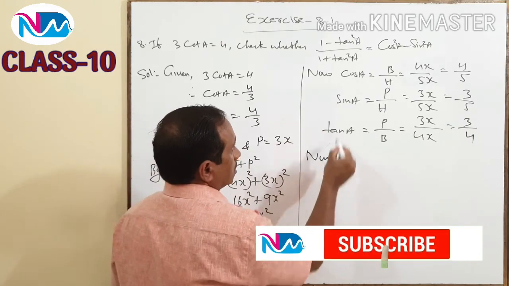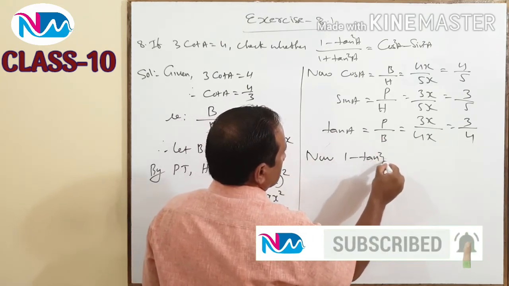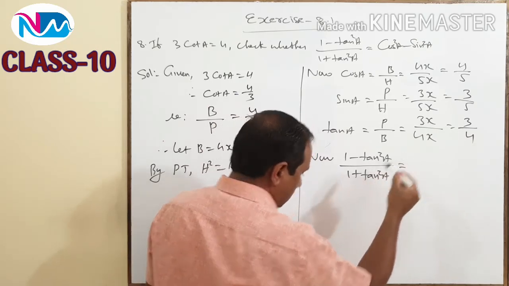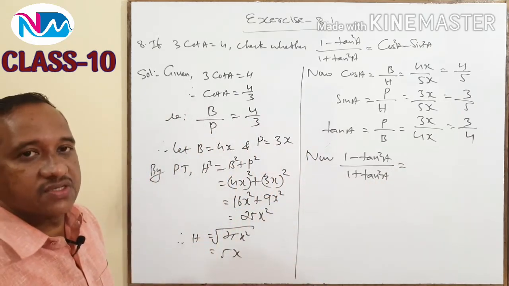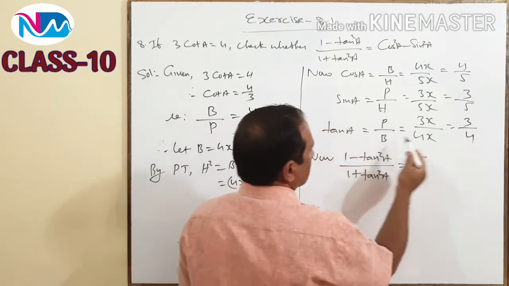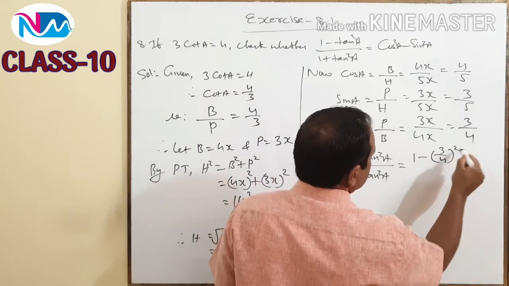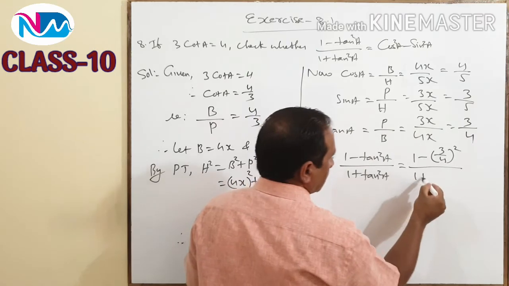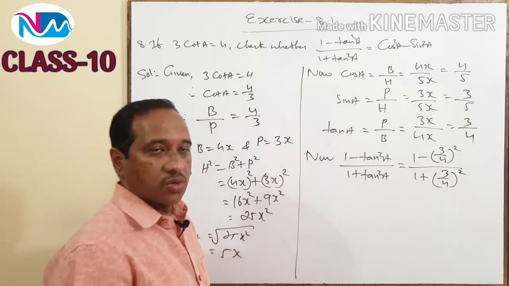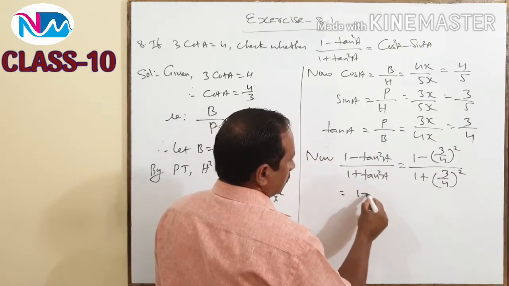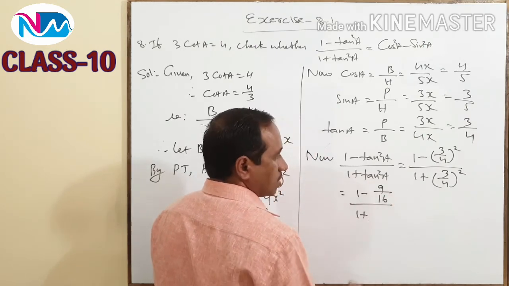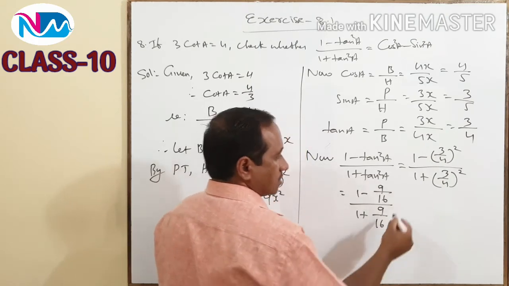Now 1 minus tan square A by 1 plus tan square A. We have to calculate 1 minus tan square A by 1 plus tan square A. That is equal to 1 minus tan square A means 3 by 4 the whole square, divided by 1 plus tan square A, which is 1 plus 3 by 4 the whole square, which is equal to 1 minus 9 by 16 whole divided by again 1 plus 9 by 16.